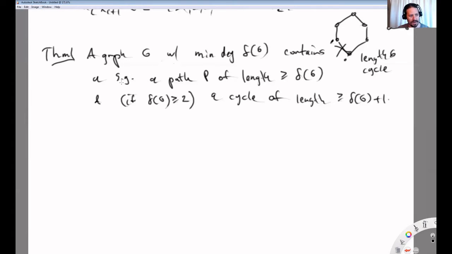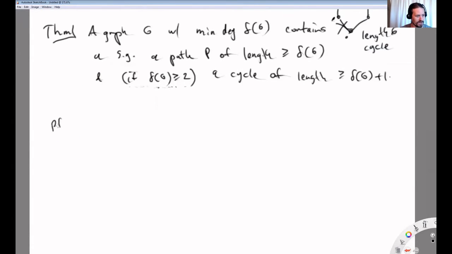So this second condition, that we have a cycle of length at least delta plus 1, will give me a path of length delta. But the second part relies on this additional assumption, which is not a big assumption, so it doesn't fully imply the first one because we'd have to deal with the delta equals 1 case above. I'll just prove them separately because the point here isn't super efficiency in proof, it's the method. Okay, all right. I'll give 2 arguments for the first part here. So again, I want to use a max substructure type argument here.